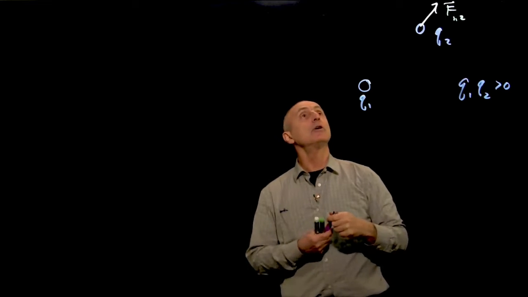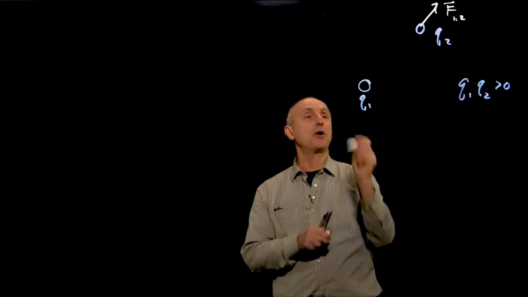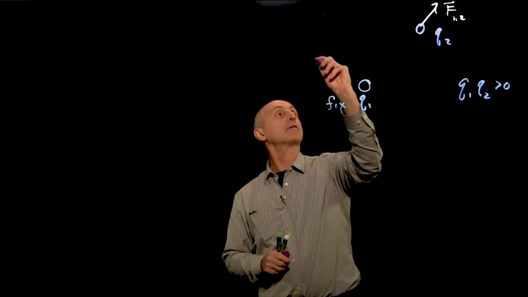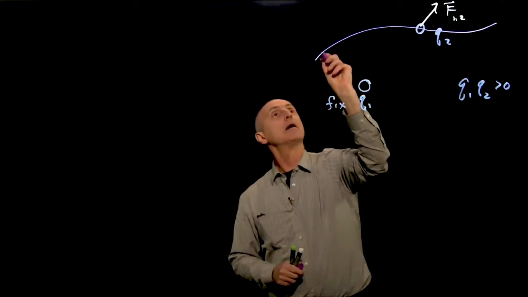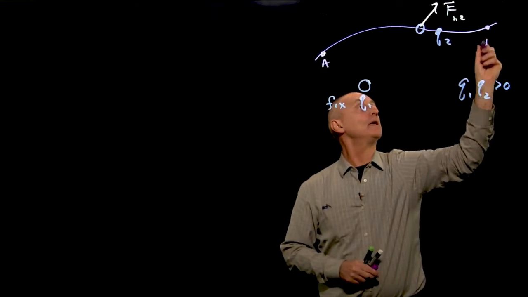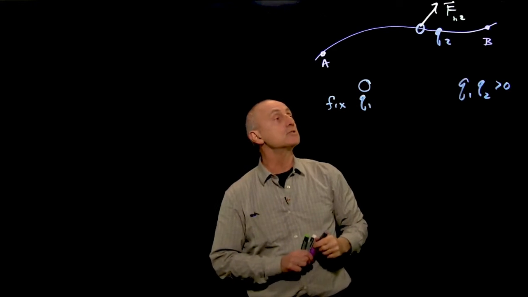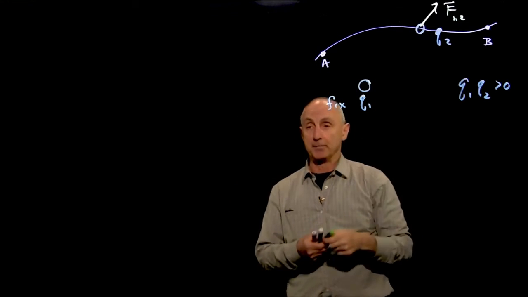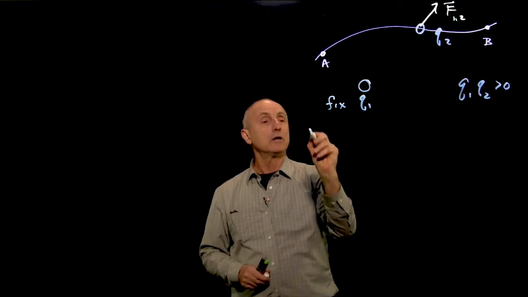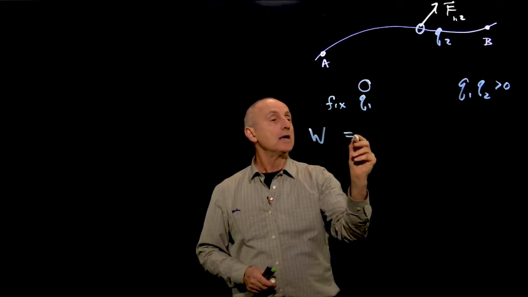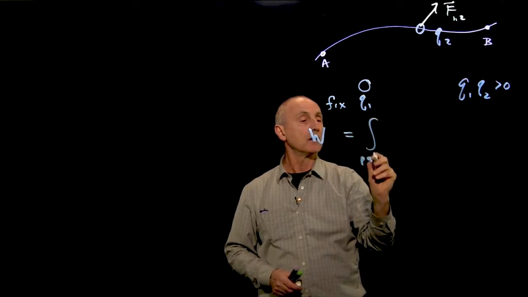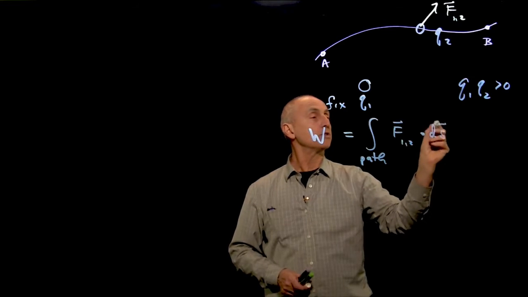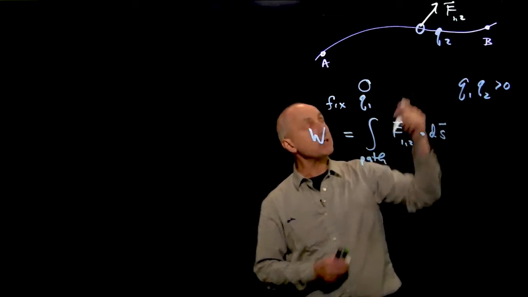And now what we'd like to consider is, remember, we'll fix this particle here. And now we'll move this particle along a path in space from a point A to a point B. And what we'd like to consider is the work done by the interactive force on particle 2 in moving from A to B. Now, work done on particle 2 is the integral over the path of the force on 2 due to the interaction between 1 and 2 dotted into the displacement of the particle.